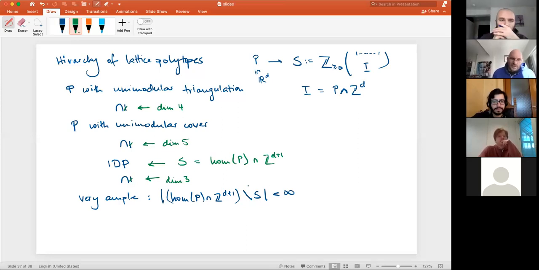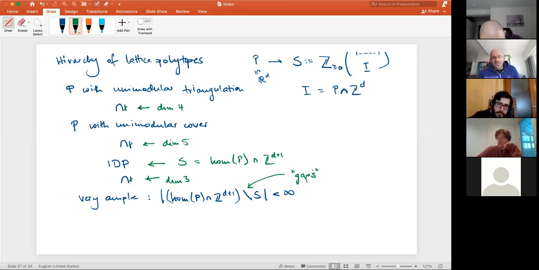You can ask, okay, the points in here, they're called gaps. Yeah, it's a good name, right? So they're the integer points in Hom of P that are not generated by this other semigroup, by the points in P.